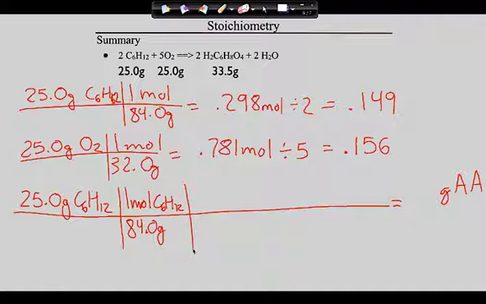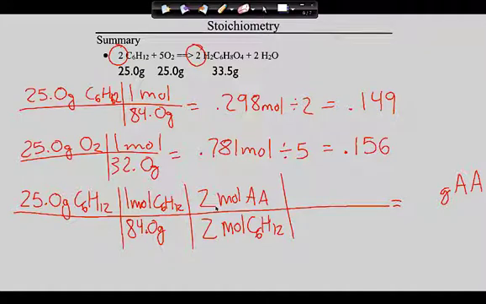Now we need to know the mole-to-mole ratio. We need to know, for some moles of C6H12, how many moles of adipic acid will I produce? And where do we get that mole-to-mole ratio? Balanced equation. So it is a 2-to-2 ratio. Now guys, 1 mole of adipic acid is how many grams of adipic acid?